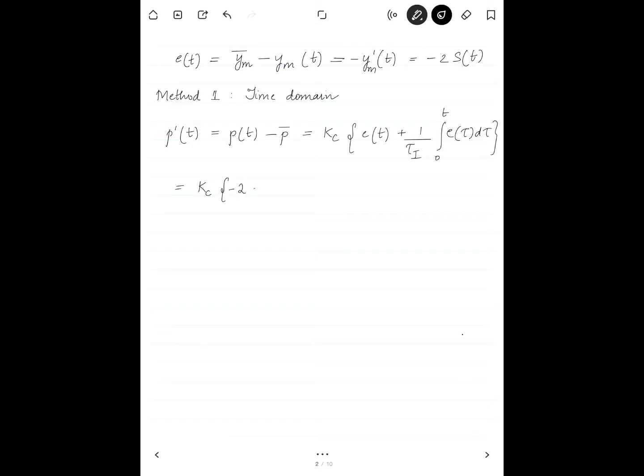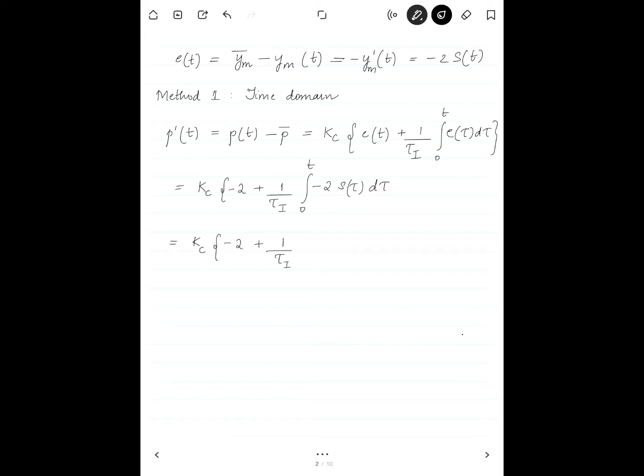So we can simplify this and substitute the error term as minus 2. We have substituted E of t equals minus 2 and not minus 2 times S of t, because for all t greater than 0, we have the value of E of t equals minus 2 according to this function. And similarly, when we put it in terms of the integral, you do want to put in the S of t, or rather S of tau there, in order to see how you will be performing your integration.